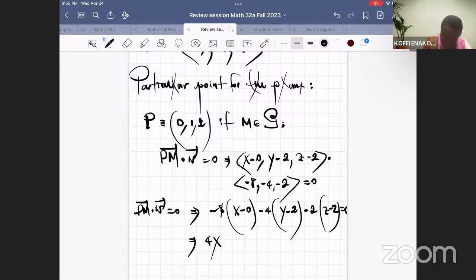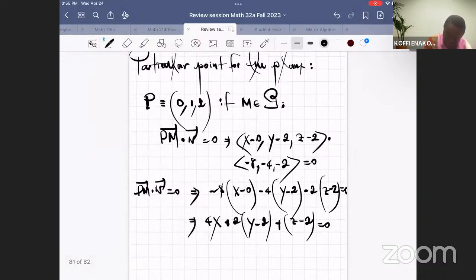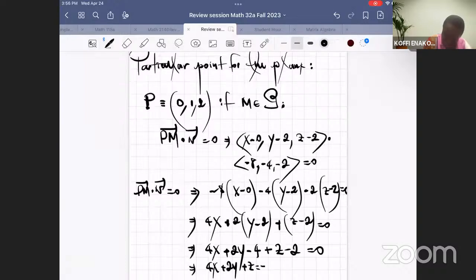That would be 4x plus 2y minus 2 plus z minus 2 equals 0. So this is 4x plus 2y plus z minus 4 equals 0, which is 4x plus 2y plus z equals 4.